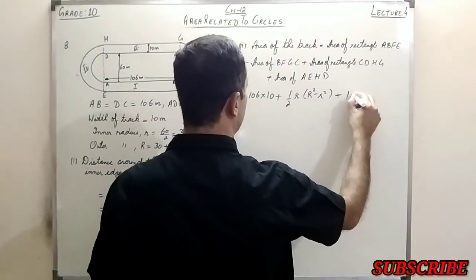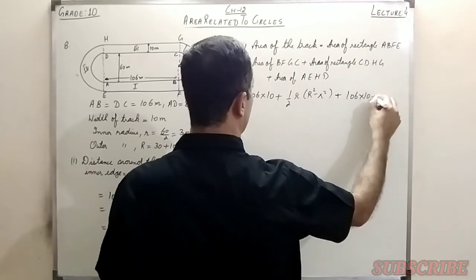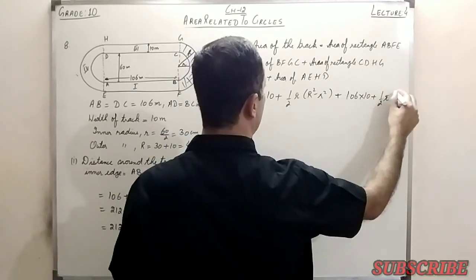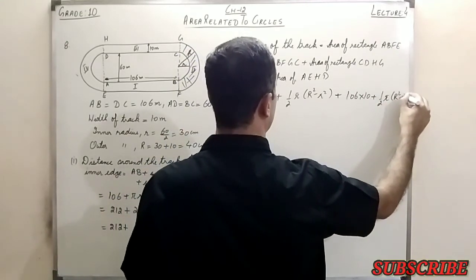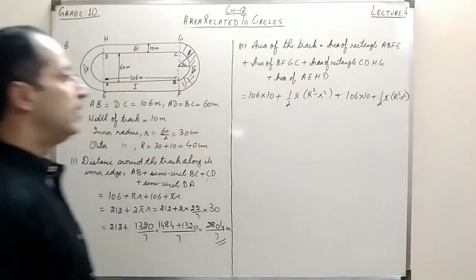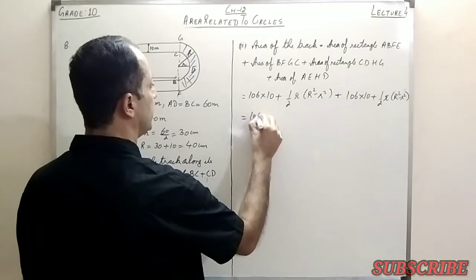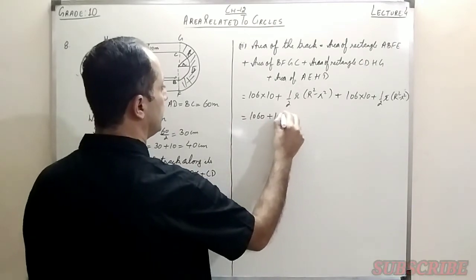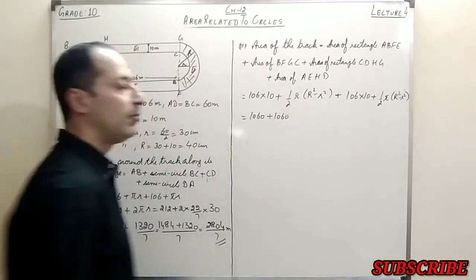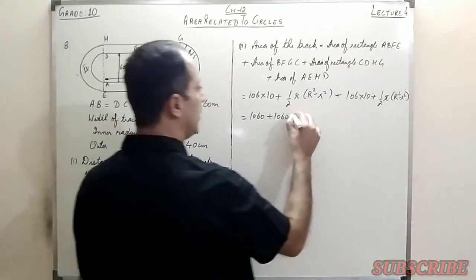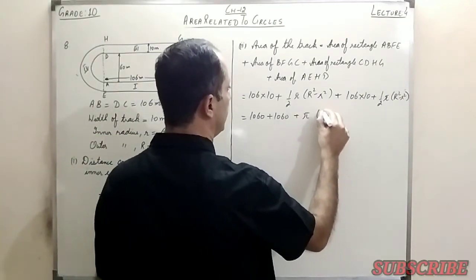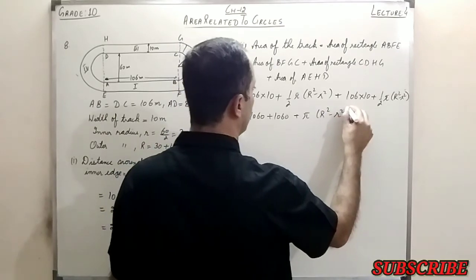Again rectangle 106 into 10 plus again the same thing 1 by 2 pi R square minus r square. So we add these two, this is 1060 plus 1060, and these will become pi capital R square minus small r square.